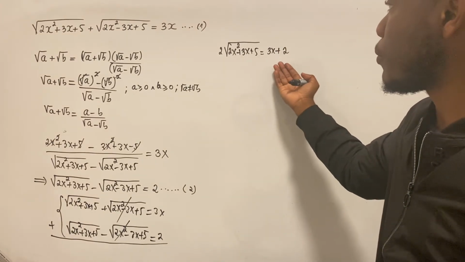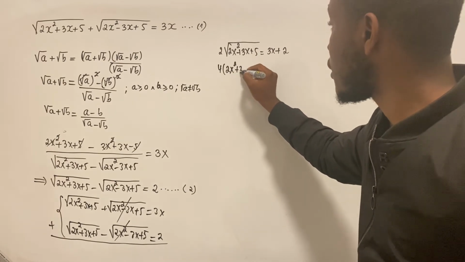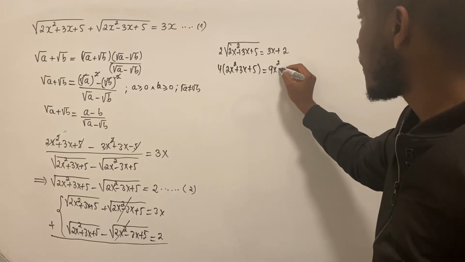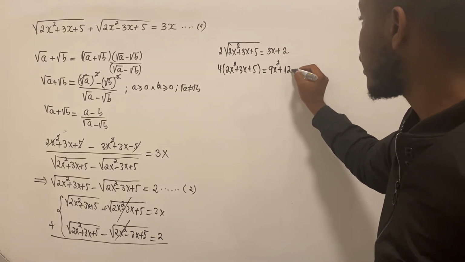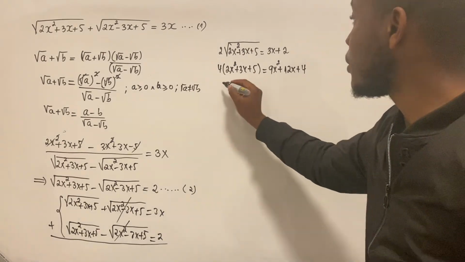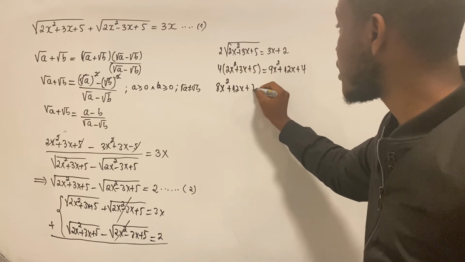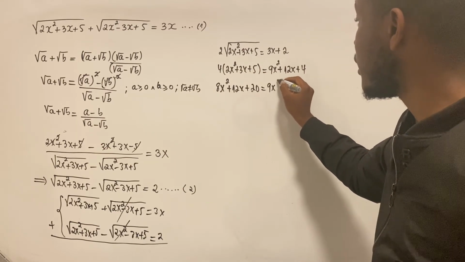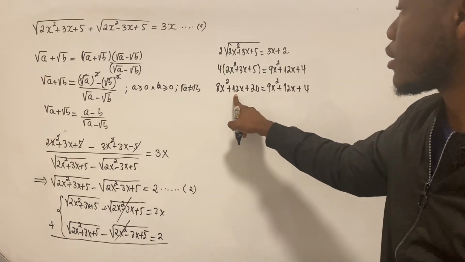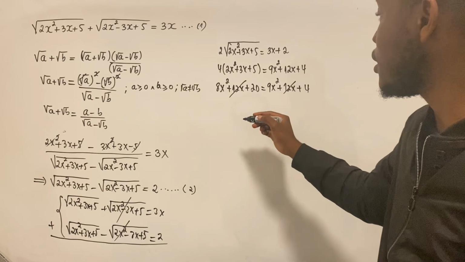Now we can square both sides. We're going to have 4 times 2x squared plus 3x plus 5 equal to 9x squared plus 12x plus 4. This 4 can multiply, so 8x squared plus 12x plus 20 equal to 9x squared plus 12x plus 4. 12x, same sign, different sides, so they cancel out because it's 0.